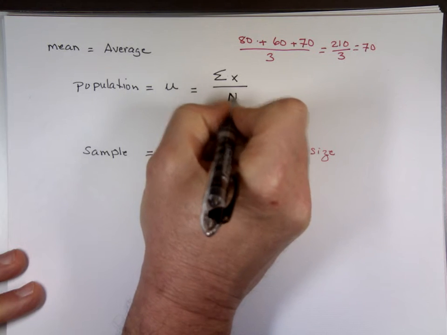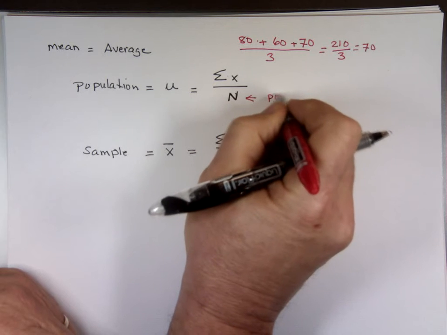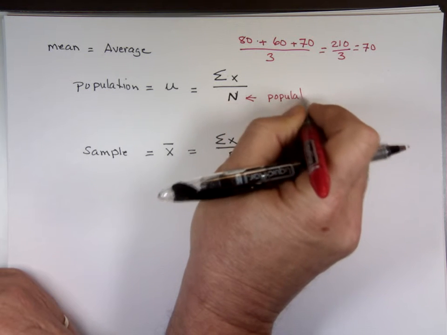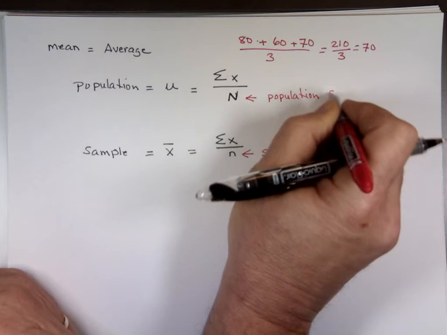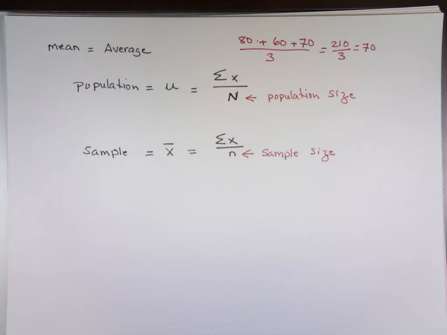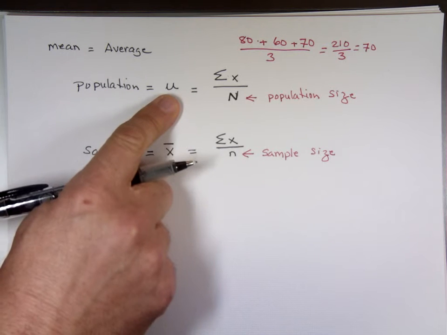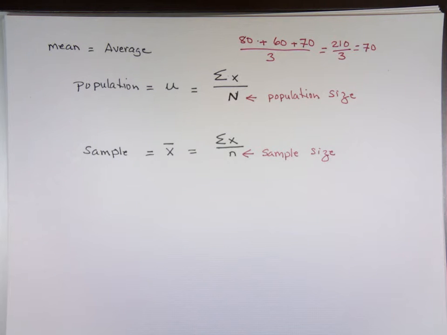We use capital N for population size. So small n represents a sample size, big N represents a population size. So X bar, the mean of a sample, mu, population mean. Both, you add them and you divide by the number of values.